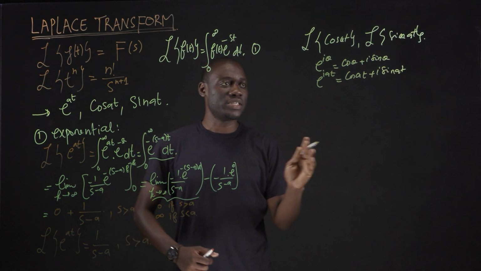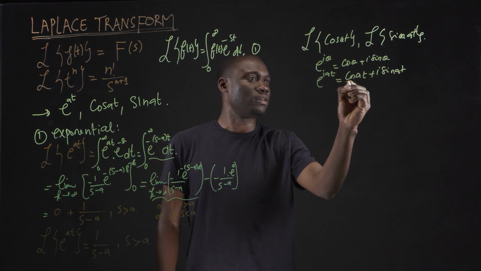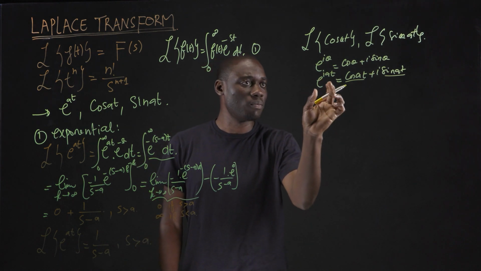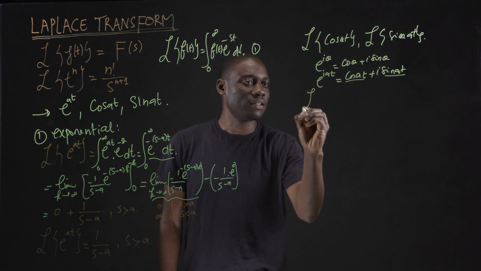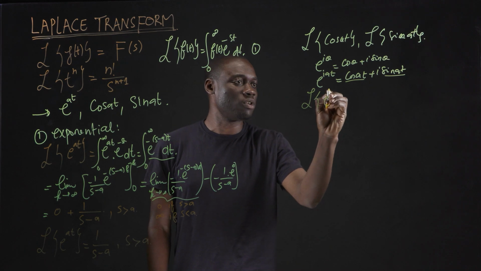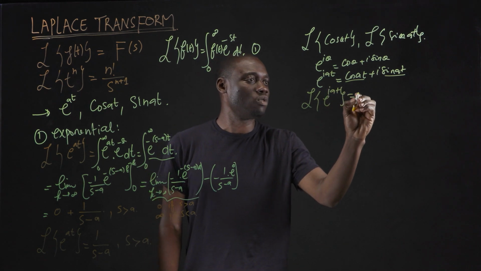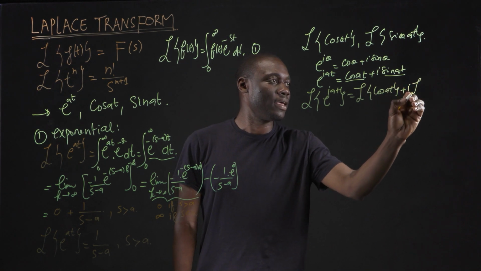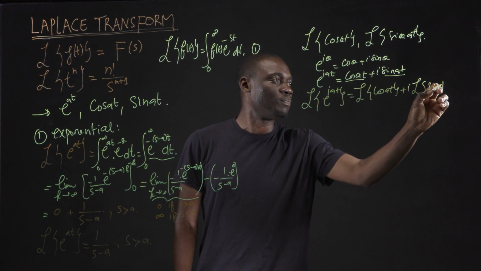We see that this is the real part and this is the imaginary part. So if we find the Laplace transform of exponential i at, it will be the Laplace transform of cos at plus i times the Laplace transform of sine at.